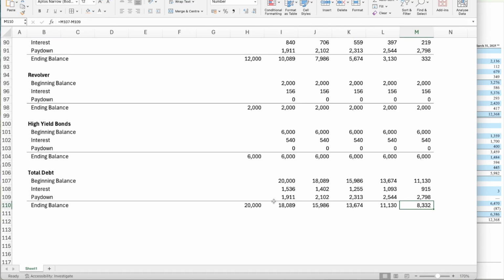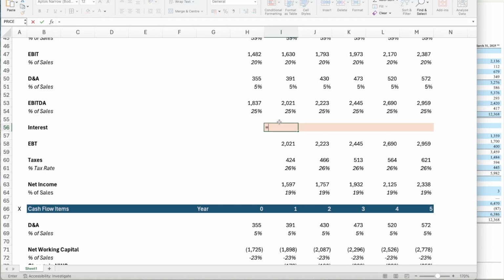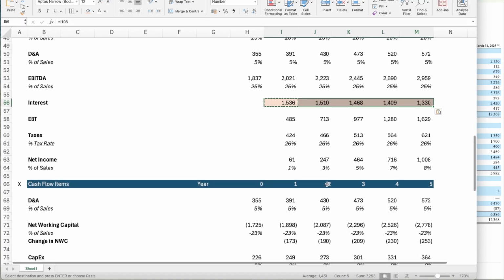So what we'll do is remember that I108, the interest payment equals I108. Just copy this across. Okay, now you're seeing it all sync up.